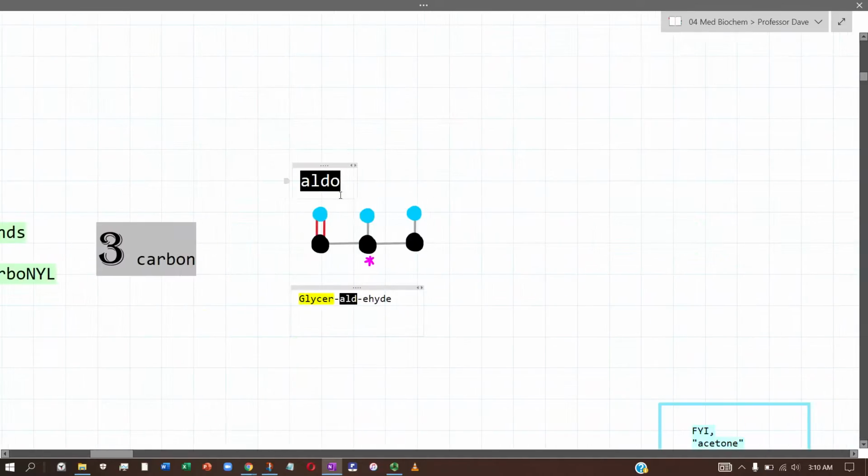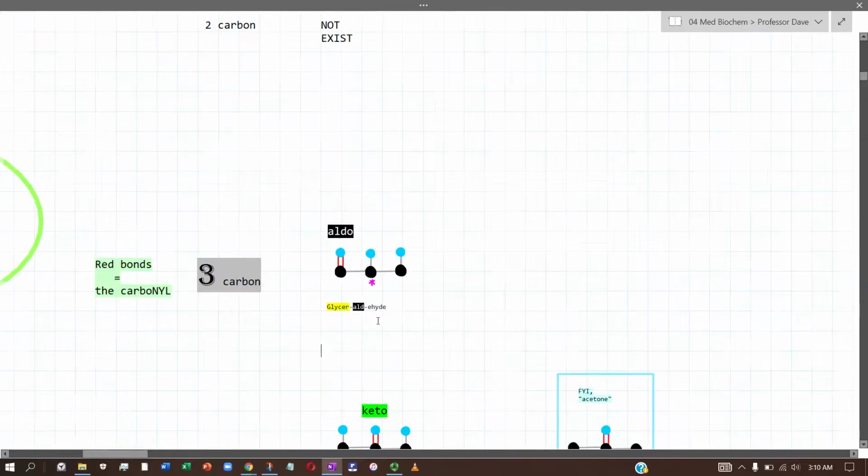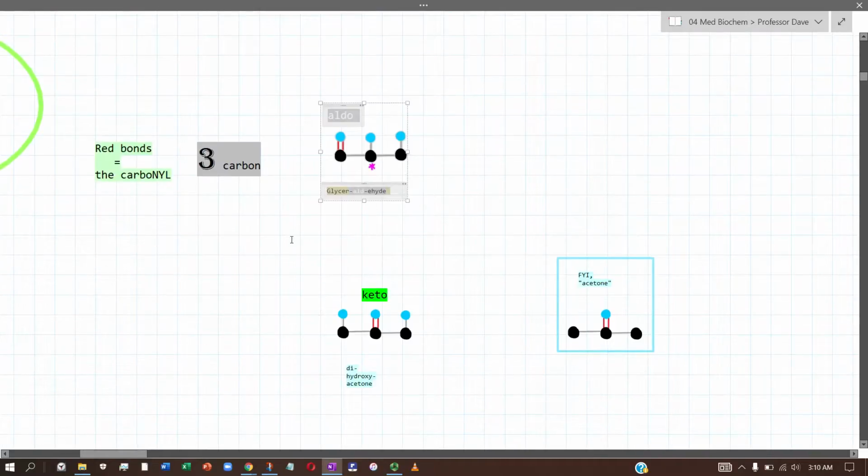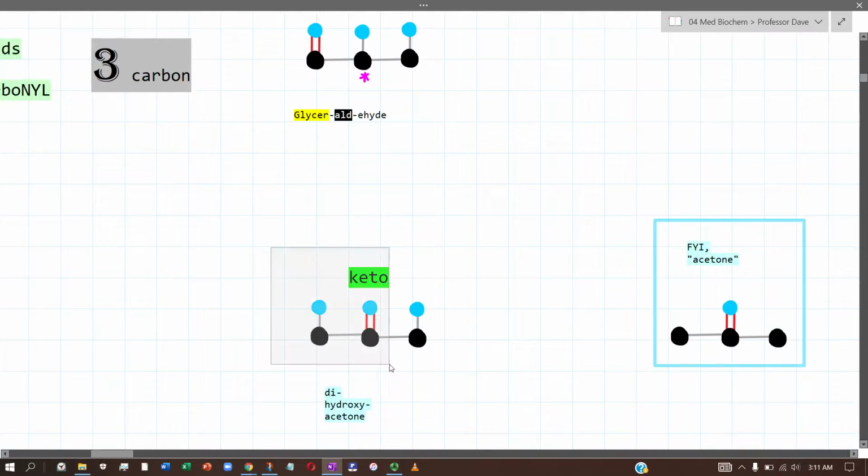We started out with the glycerol essentially, but now this is a sugar, glyceraldehyde, and here you go. Here's the aldo. The ALD represents the aldehyde character of this molecule right here.